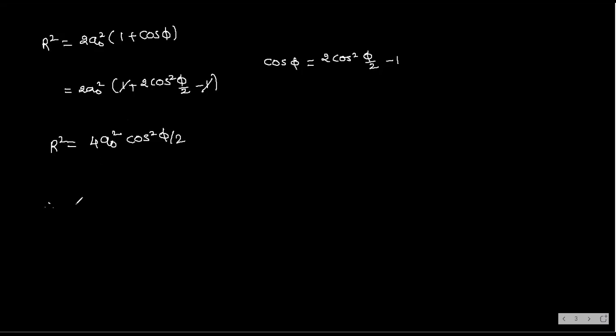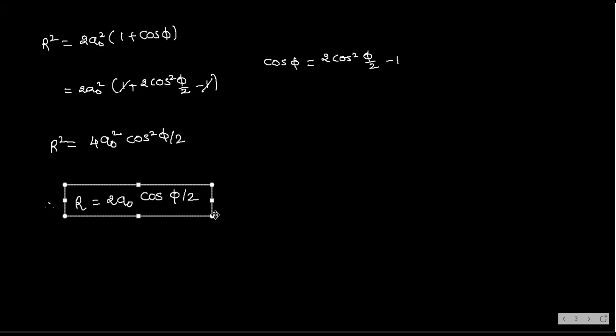And therefore r is equal to, if we will take square root of this, 2A naught cos of phi by 2, right? This is what your resultant amplitude.